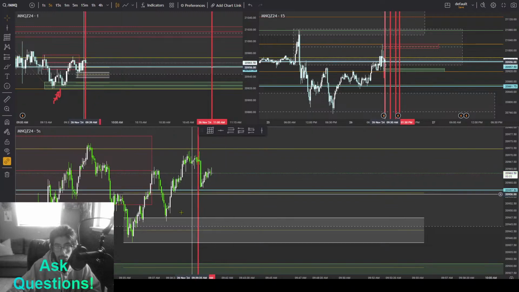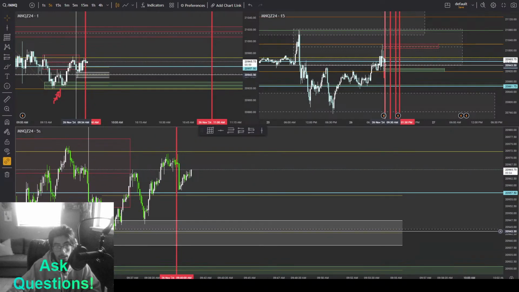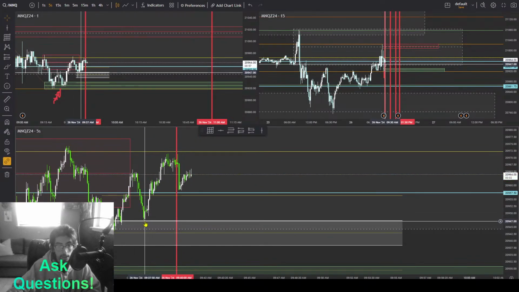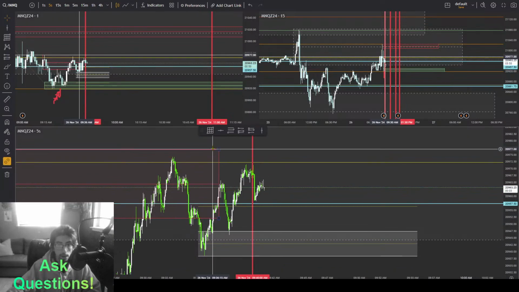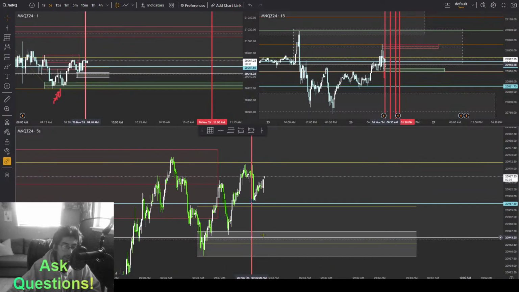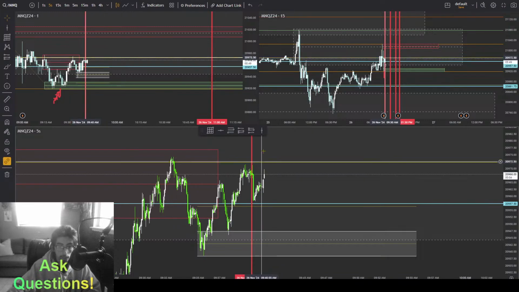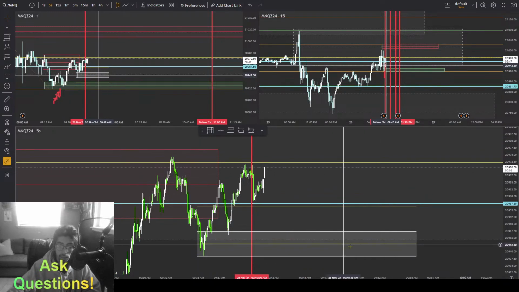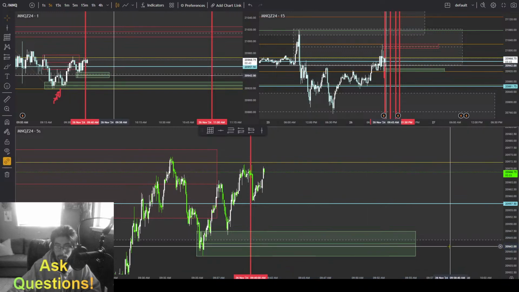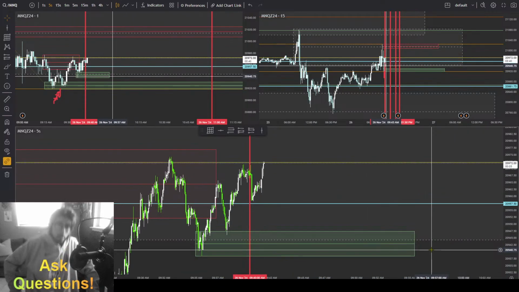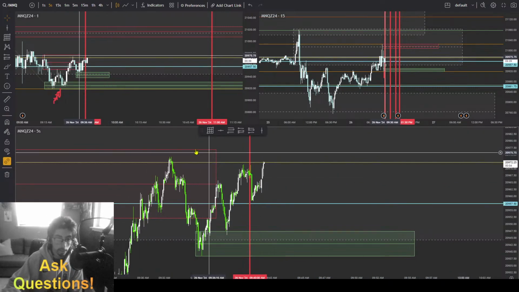Let's see how we react. I like the tap here. I like how this tap also broke structure. I do not like how we haven't broke this zone though, so I don't want to really take this yet. If we can bust over this zone, then I'll take this trade right here. Let me mark it green too. Just want us to bust here first.